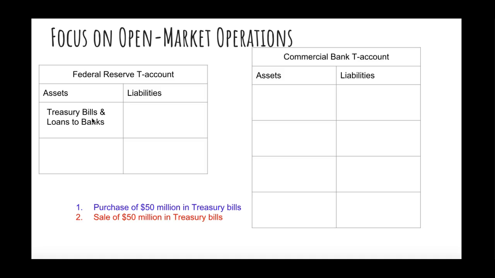It's a financial asset. But also an asset to the Federal Reserve is any loans they make to commercial banks, because those loans are going to be ones that the commercial bank has to pay the Fed back. So that means the Fed's going to get money on that. Now on the liability side, any currency in circulation, so any amount of money out there, is a liability for the Federal Reserve.